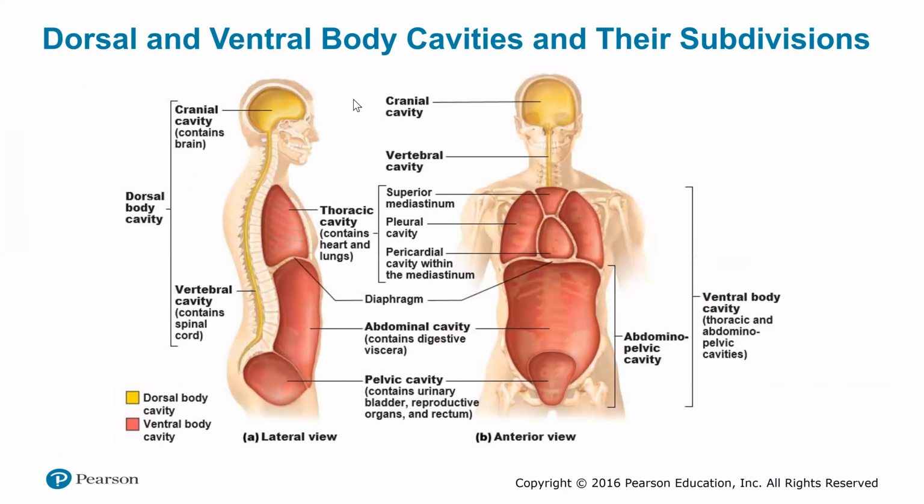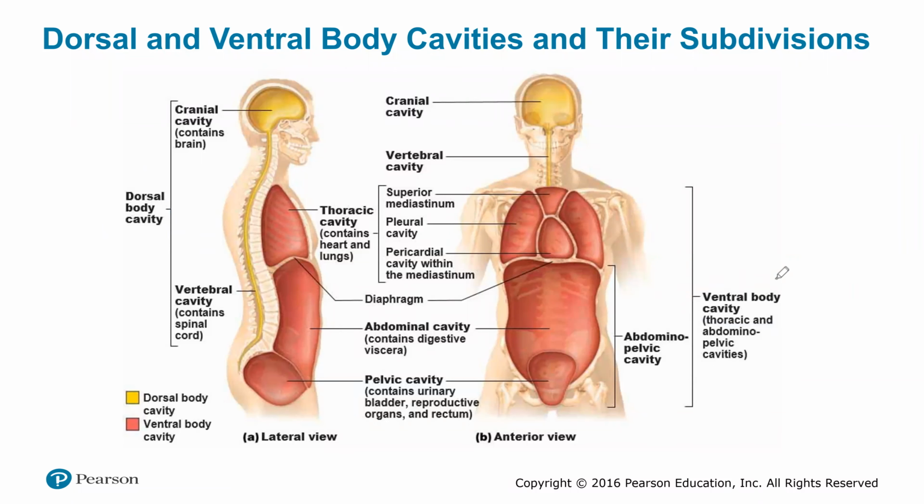That's why I want to go back and repeat it one more time. Divisions of dorsal and ventral body cavities. The body cavities, as we already mentioned, are divided into dorsal body cavity and ventral body cavity. Dorsal on the back and ventral on front.